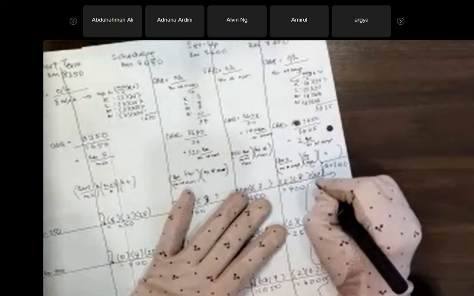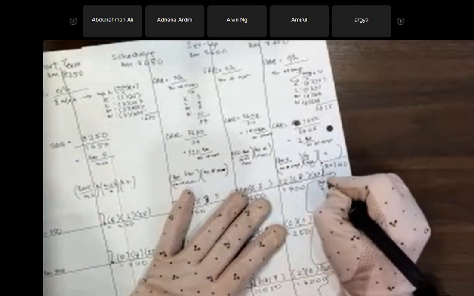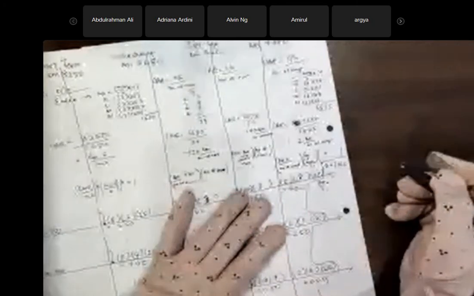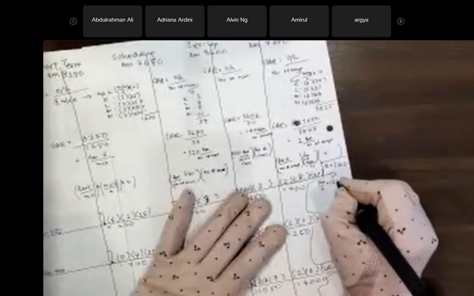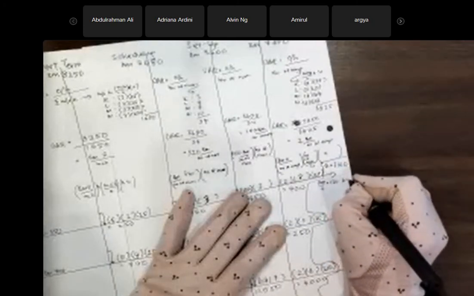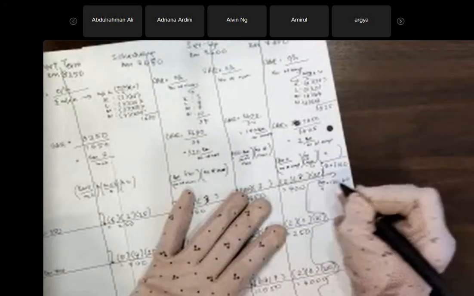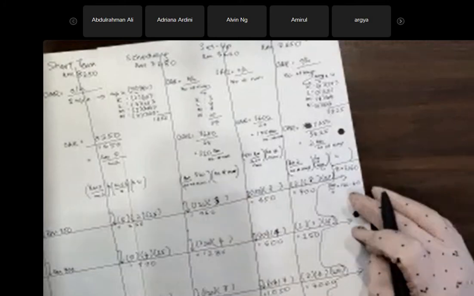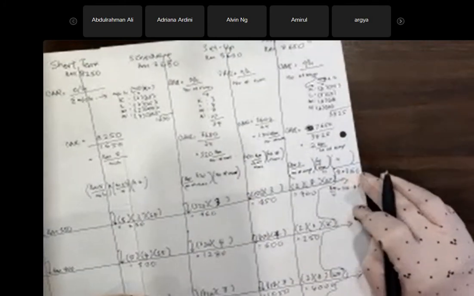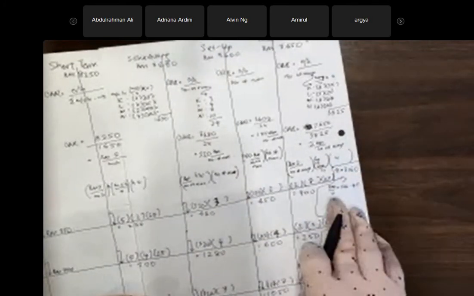So what is the RM per unit? The cost per unit is 126.4. How to get this one? The total is 3160, but how do I get this?